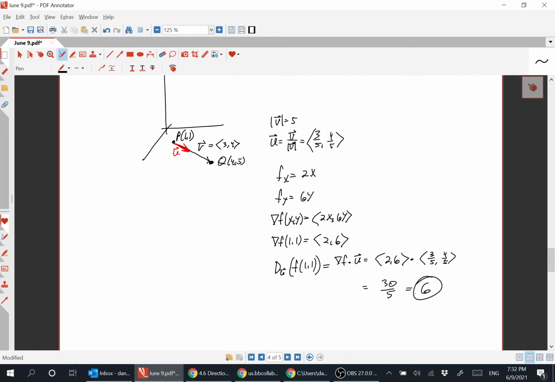Now, where is the problem asking about the largest value of the directional derivative? So 287, 291.